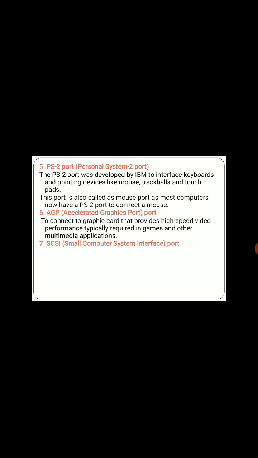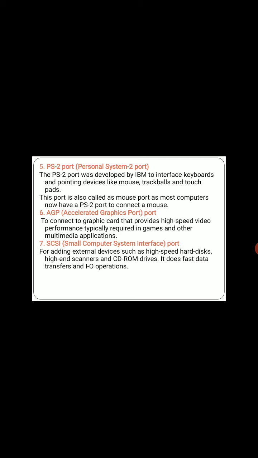So next is the SCSI. Small computer system interface. SCSI means small computer system interface port. For adding external devices such as high-speed hard disks, high-end scanners, and CD drives, it does fast data transfer and I/O operations.